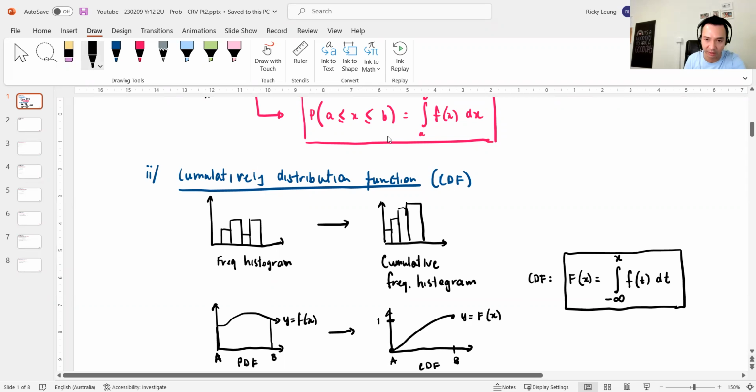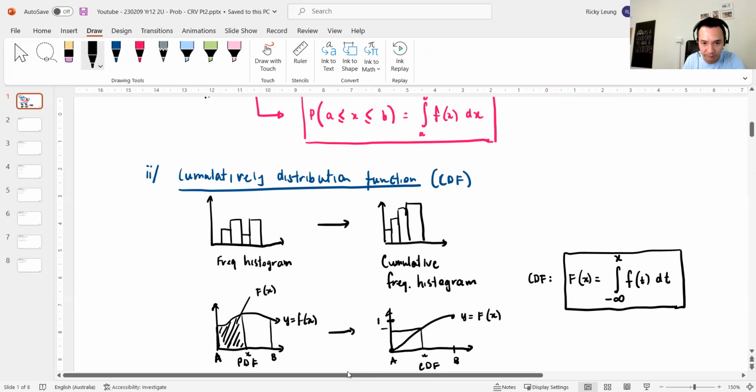Let me explain what that means. This is saying if I wanted to add up all the probabilities from the starting point to whatever value x there, this would represent F(x), where the sum of all this area is basically x there.